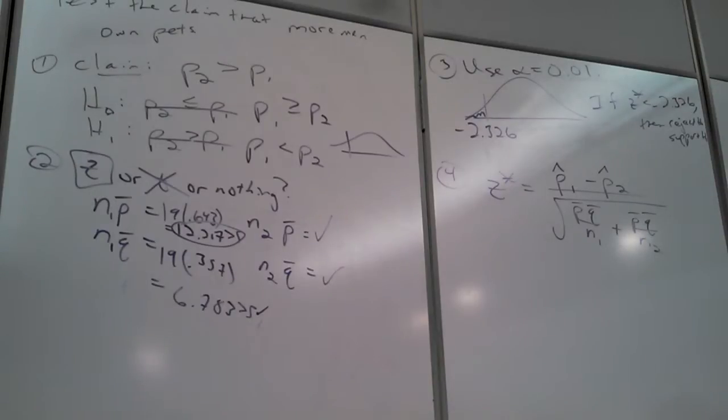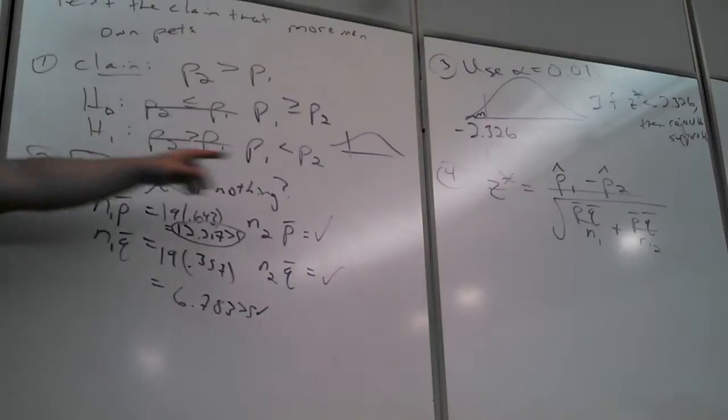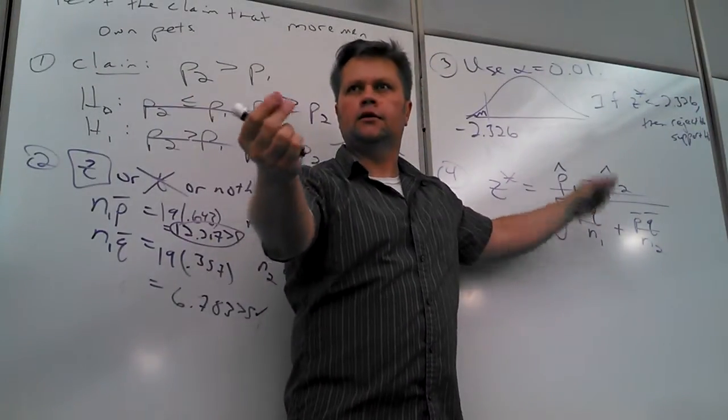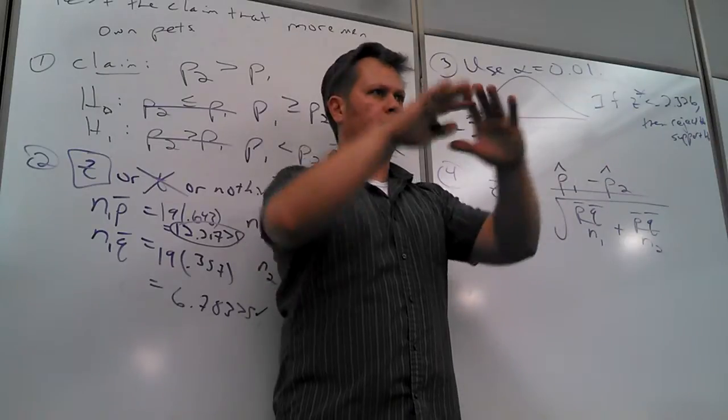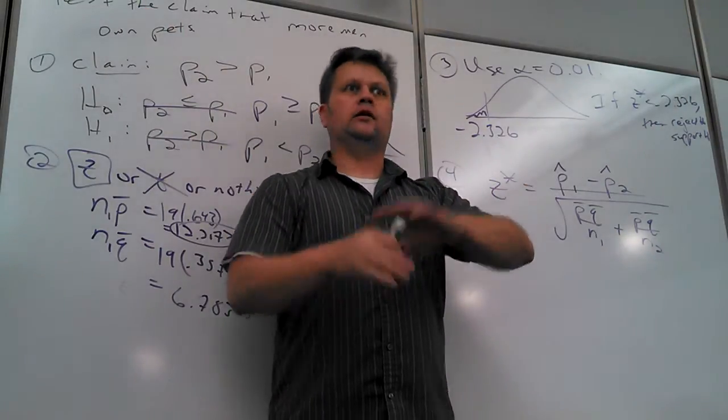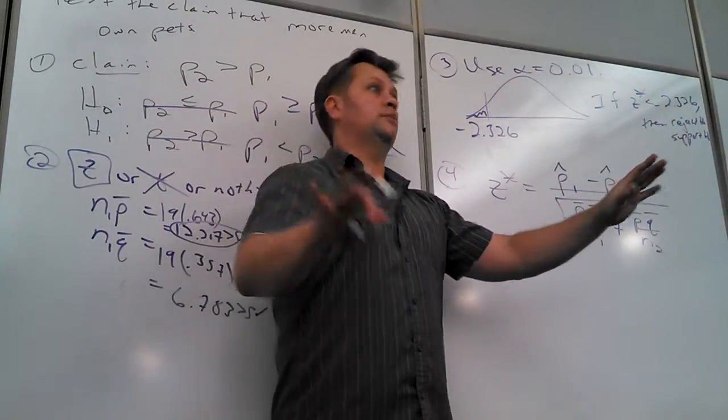And do you see how p hat, q hat takes the place of sigma squared? Okay. Do you see how p hat, q hat, in this case, p bar, q bar, takes the place of s squared? It's kind of cool to see that kind of thing happening in a few different formulas. At least it is for a math geek like me. You guys are like, can I have that damn thing written down?